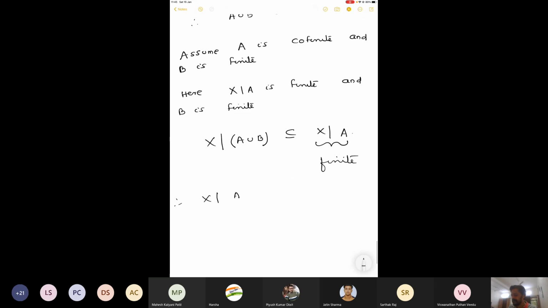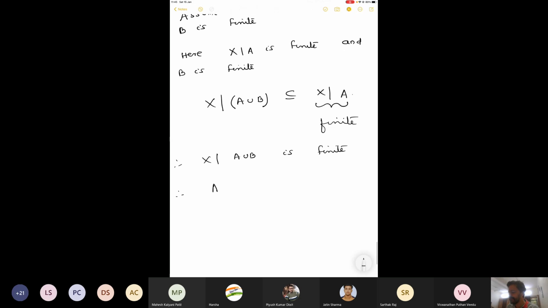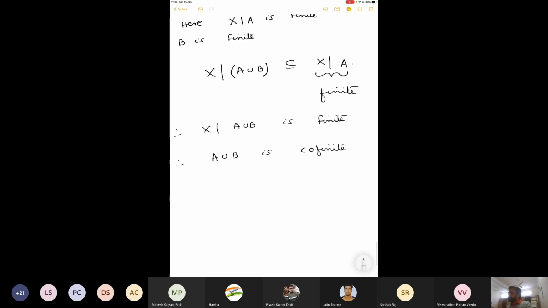Therefore, X minus A union B is finite. Once a complement is finite, the set is called cofinite and the set will be put inside script A. And therefore, by definition, A union B is cofinite, and you are forming script A by picking finite and cofinite subsets. So A union B is in script A.